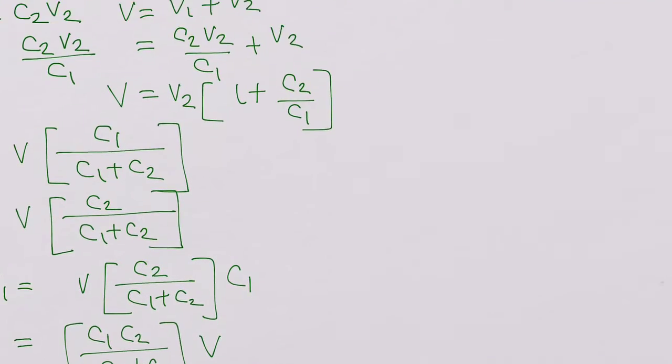Now this whole thing can be proved in a different way. That way is, we can look at the voltages across the capacitors. So V across a capacitor, Vc of t, is 1 over C integral I of t dt.